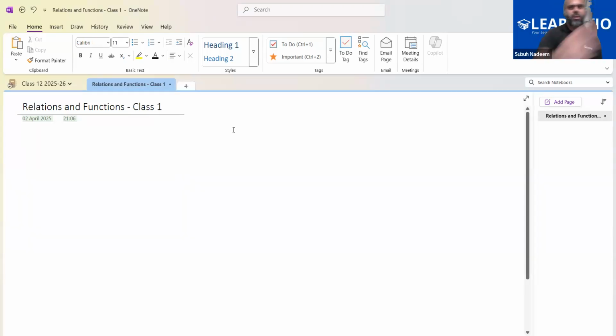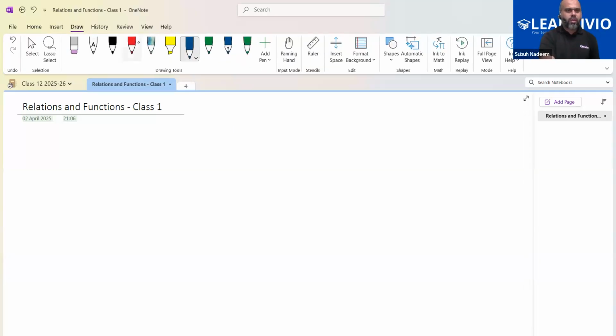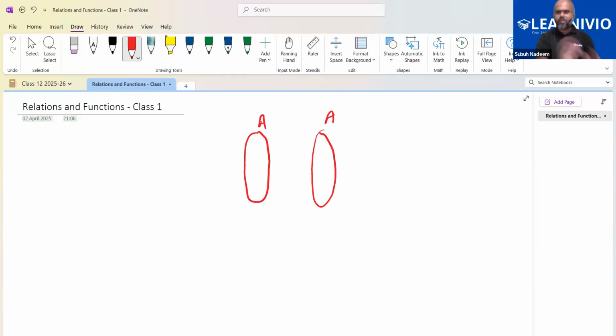So basically, when we talk about relations, in relations we have a set A, which is a non-empty set, and it is mapped to another set, the same set A. Suppose here we have 1, 2, 3, and here also we have 1, 2, 3.